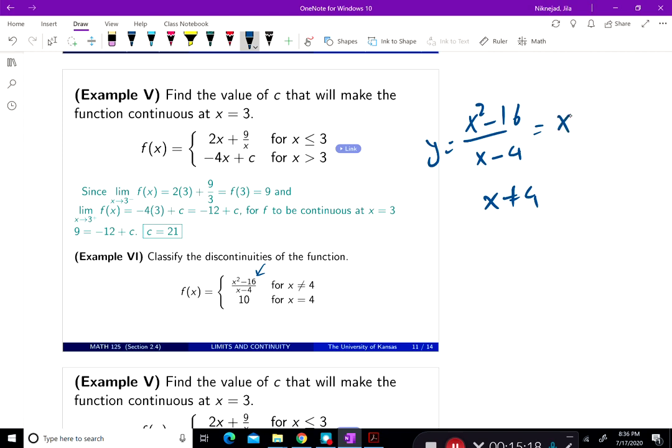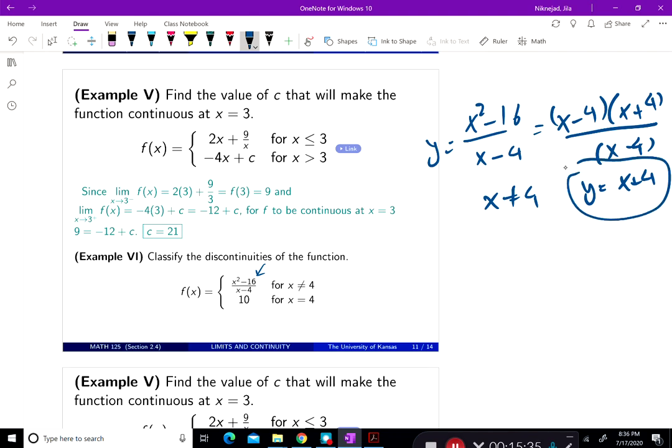It's going to be x minus 4 times x plus 4 divided by x minus 4. That is y equal to x plus 4. So within its domain, it's just a line. And therefore I can also find the limit.